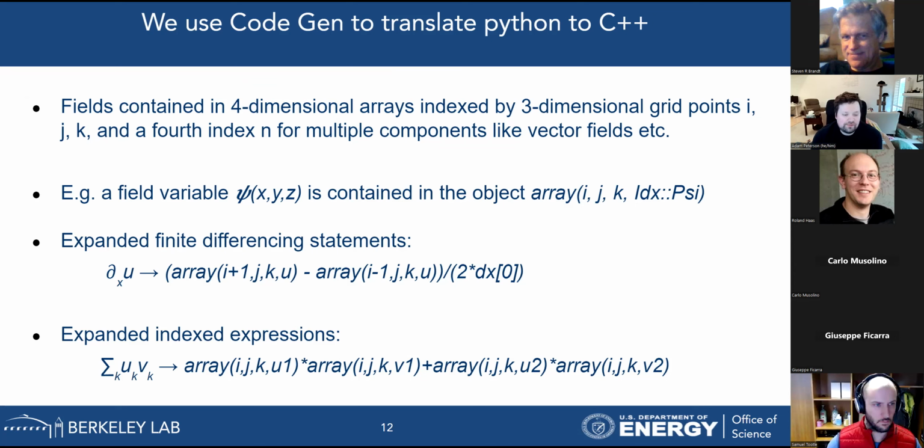We have a field variable, say psi, contained in an object like an array with the three indices for the spatial location, I, J, K, and of course the fourth index telling us which field we're actually talking about. We would like our code generator to be able to say, okay, I want the partial derivative of u, for example, give it to me in central finite differencing to say second order here, and it immediately spits out the actual compilable expression.